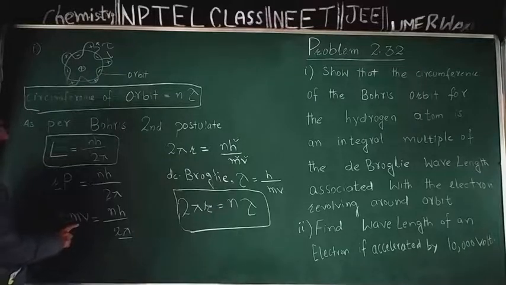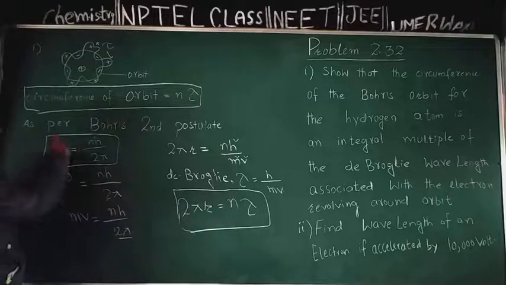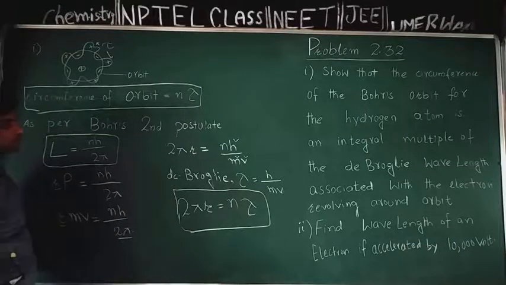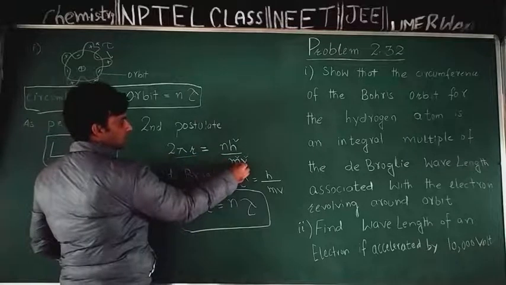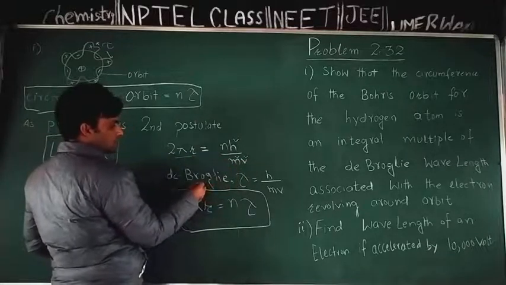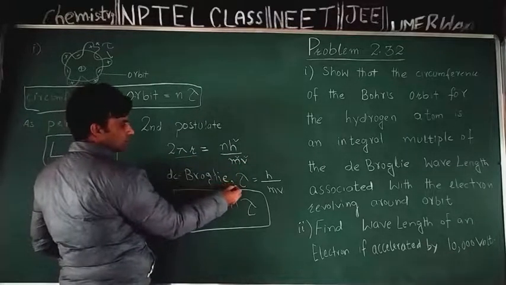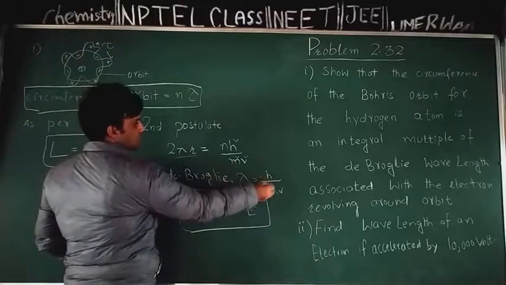Then I said linear momentum is product of mass and velocity. Then I took 2 pi. I had in mind that circumference of circular orbit is 2 pi r. I took 2 pi here and mv on RHS side. I got 2 pi r is equal to nh by mv. I used the idea that de Broglie's wavelength or wavelength of matter wave is equal to h by mv.